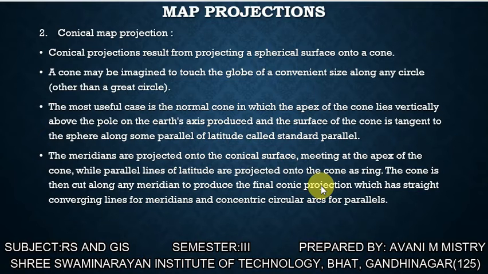The meridians are projected onto the conical surface, meeting at the apex of the cone, while parallel lines of latitude are projected onto the cone as strings. The cone is then cut along any meridian to produce the final conic projection, which has straight converging lines for meridians and concentric circular arcs for the parallels.